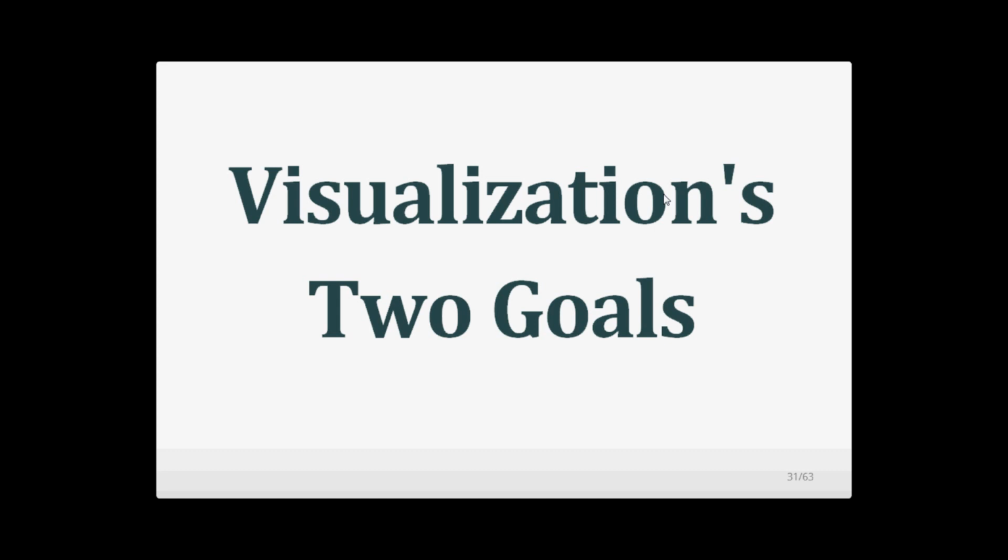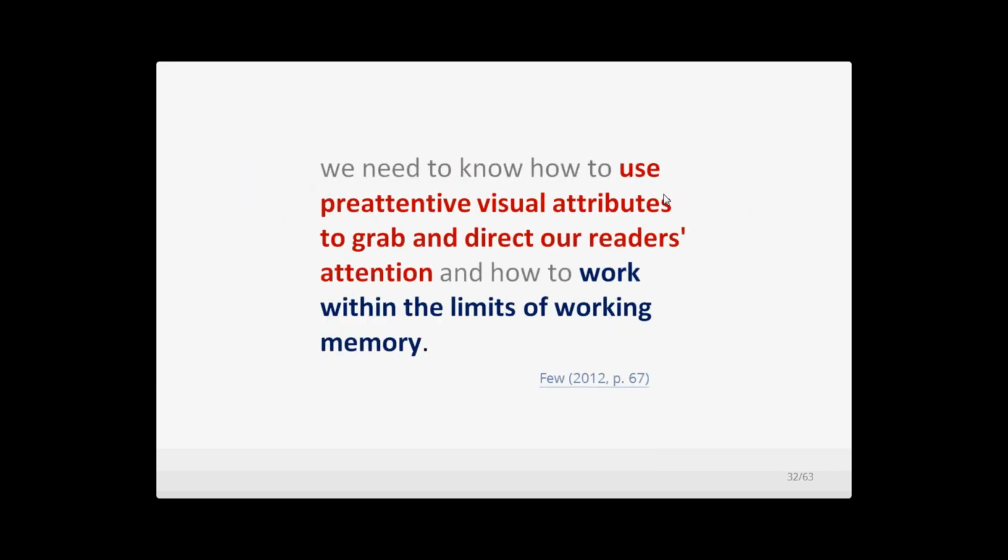The actual overarching major goal of data visualization isn't necessarily to put it in the long-term memory. We want that. But what we need to be thinking about as we're making our visualizations, to help get that information into the long-term memory and be able to make important decisions with it, is those preattentive visual attributes that grab and direct our reader's attention.